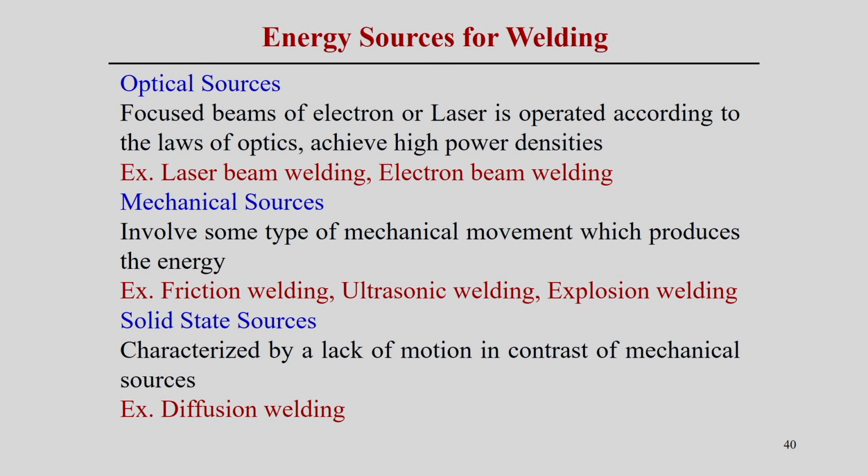In diffusion welding, two very clean surfaces come in contact and are kept so for a long time with the application of a static load, sometimes aided by temperature, and then two different components can be joined, but the success of diffusion welding depends entirely on the surface preparation of the particular component. So, that is why different energy sources can be used in different welding processes, or I can say using different sources of energy, different welding technologies have been developed.